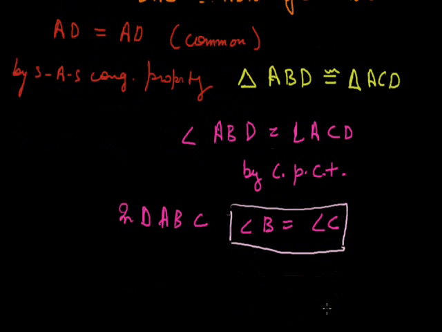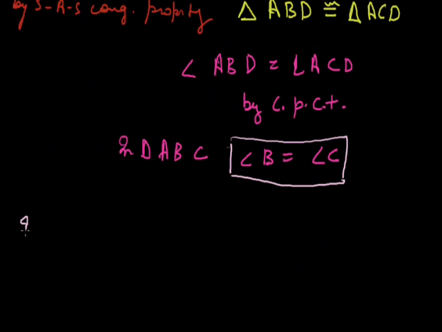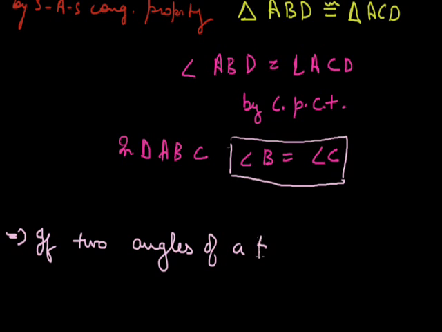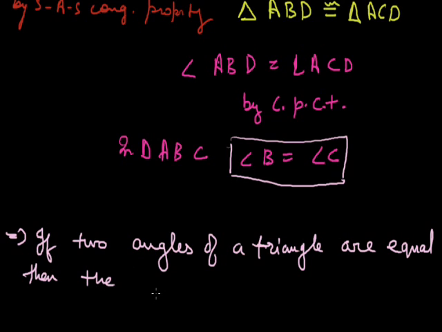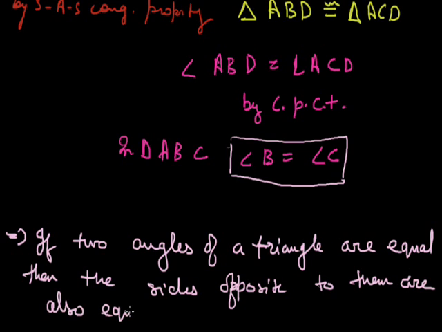In a similar way, we can prove that if two angles of a triangle are equal, then the sides opposite to them are also equal.